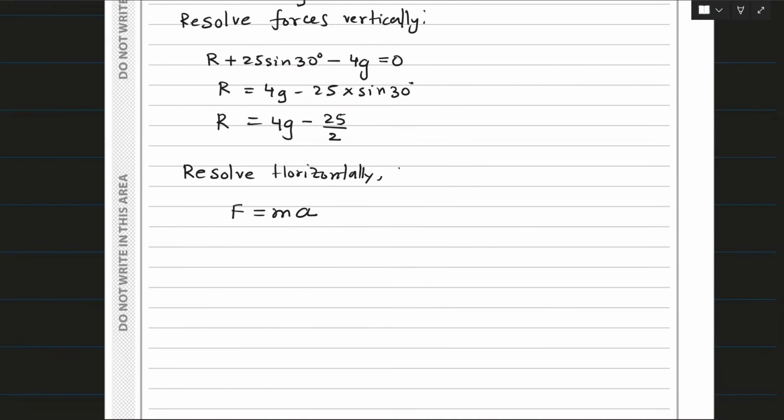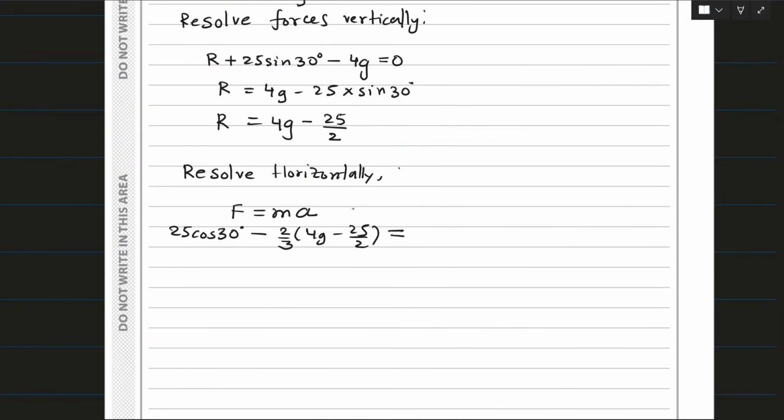The resultant force here is just the horizontal component of the force, which is 25 cos of 30, minus the friction force. We know the friction force is equal to mu into R. Mu, the coefficient, is 2 by 3, and the reaction force is 4g minus 25 by 2.